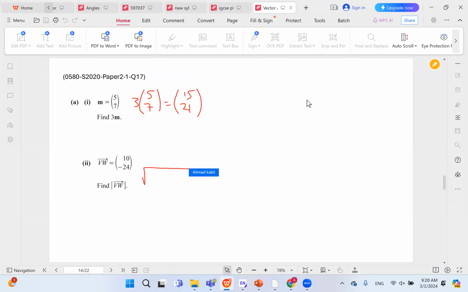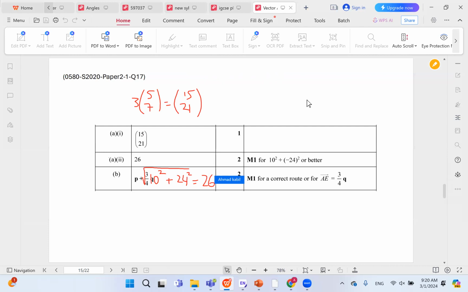All you have to do is do the Pythagorean of both values, ignoring the negative sign. And that would give us root of 10 squared plus 24 squared on the calculator. That would give us 26 as a final answer. So 15 and 21 for the first one, that's correct. And 26 for the second one is correct as well.